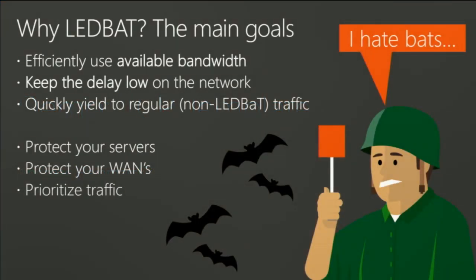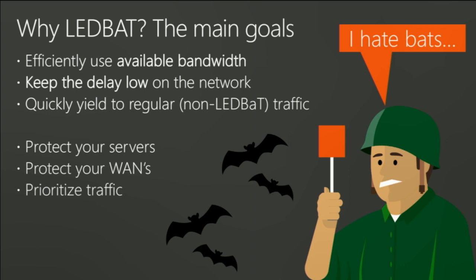Cool. So now that you know how to enable it, you basically use your congestion provider, then you enable LEDBAT. There will be more stuff coming with the upcoming releases of Windows Server around managing this as well. But basically, why are we going to use it? Well, we're going to use it to make sure that we can get content out in a good way without disturbing the network.